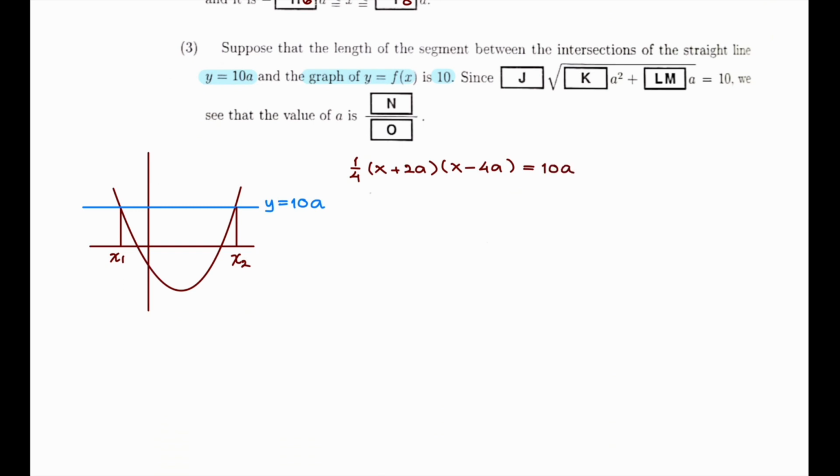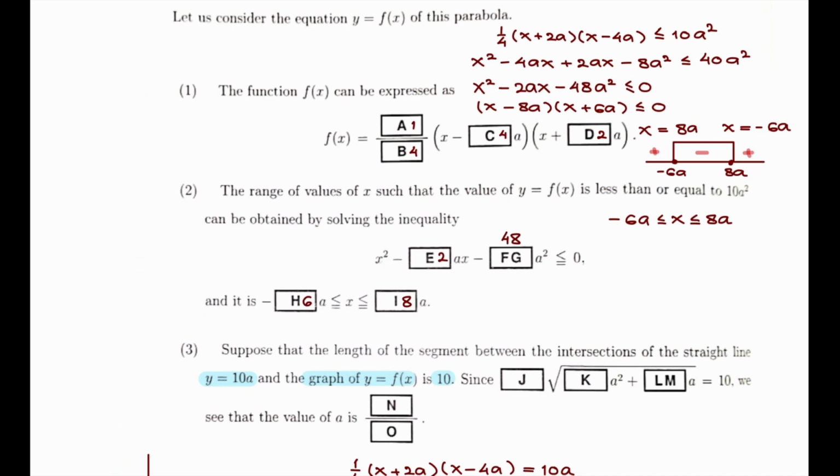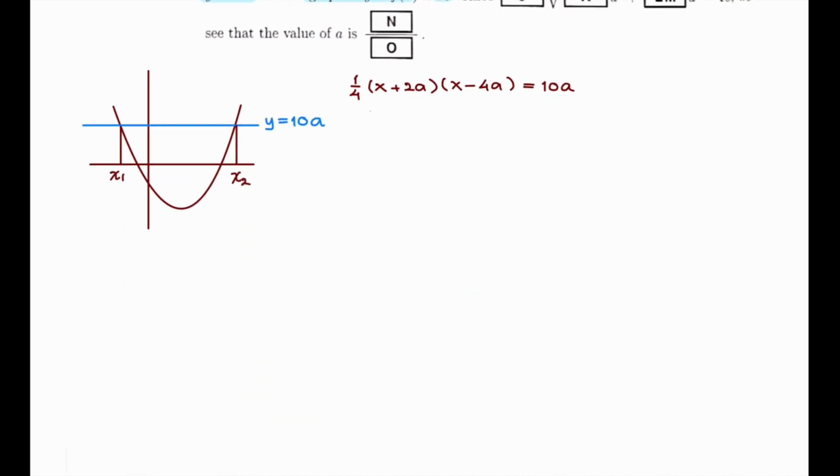And then we need to solve this quadratic equation. I will multiply by 4 to the other side, and for the left hand side I will expand it. We already got the expansion here, yeah. The expansion is this one. So this is equal to 40a.